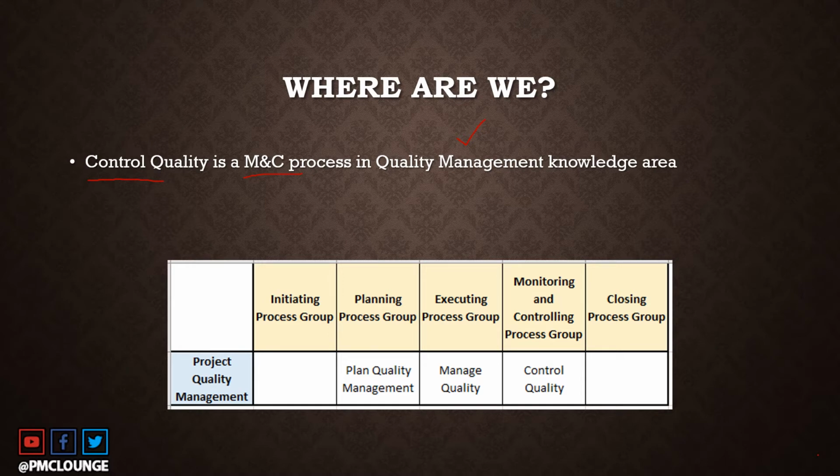So we are talking about quality management knowledge area. We are talking about monitoring and controlling process group. This is the process known as control quality. And in this process, what are the tools and techniques that are used? That's what we are discussing today.